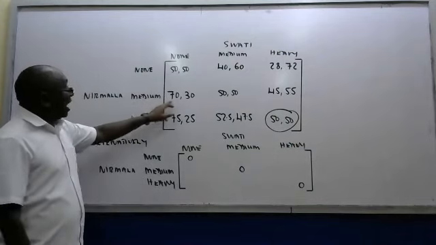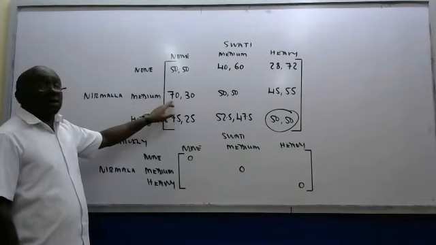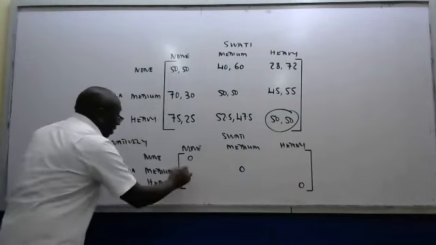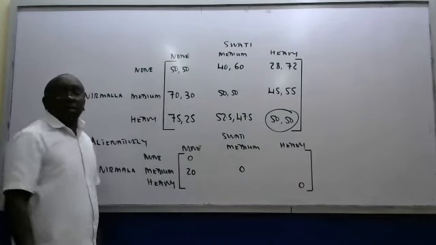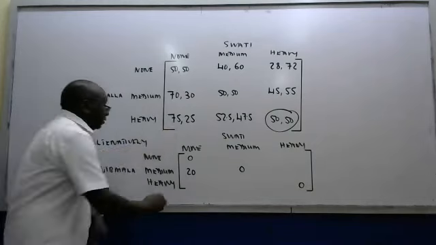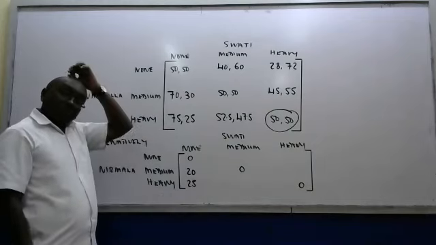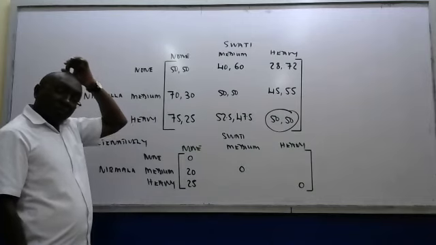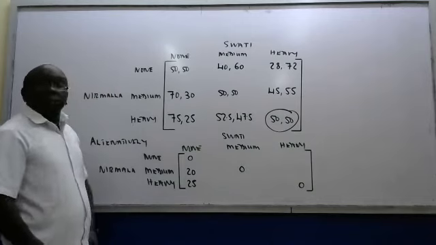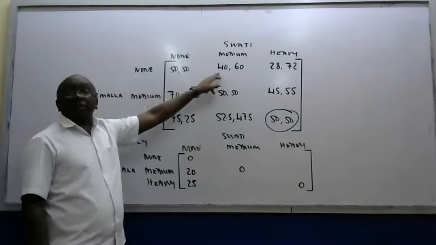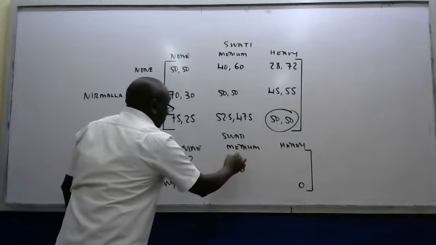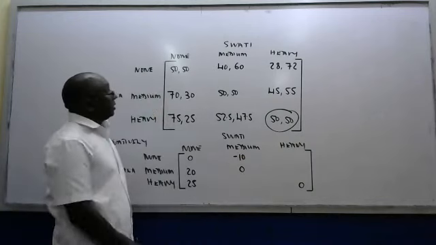But here he has gained 20. Nimara has gained 20, so write 20 here. And here he has gained 25. But here he has lost 10, so it's a minus 10.